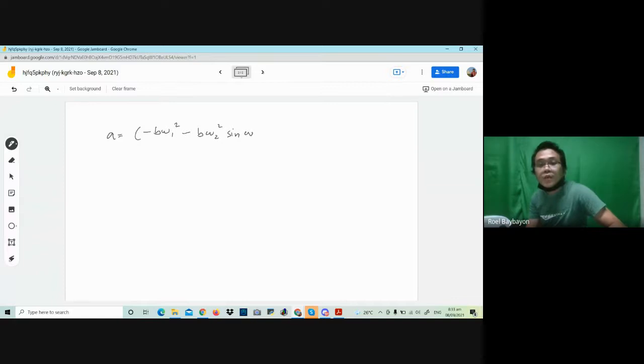Theta is equal to omega 1 t. So this is in the radial direction: minus b omega 1 square, sine square theta.